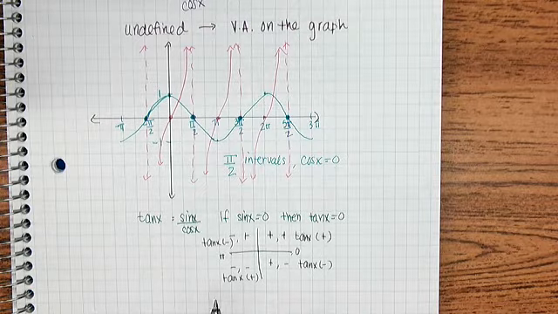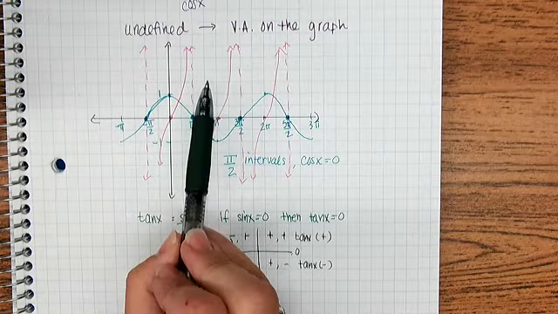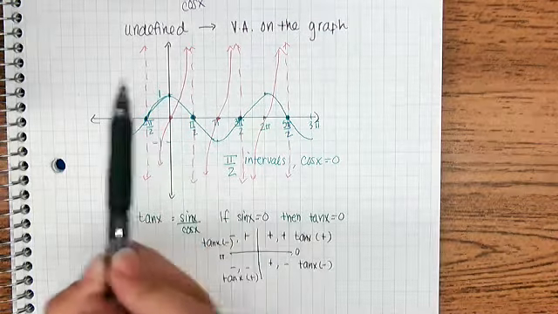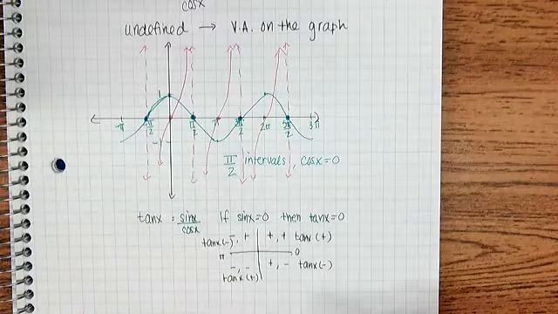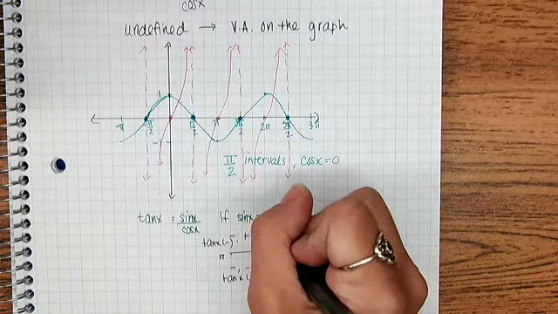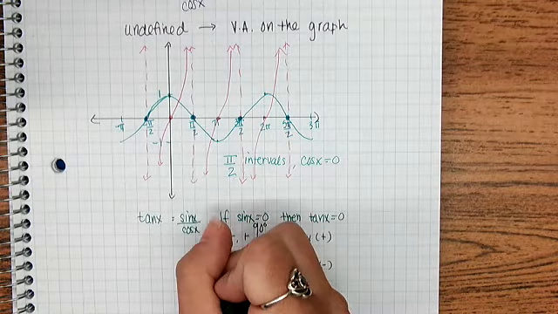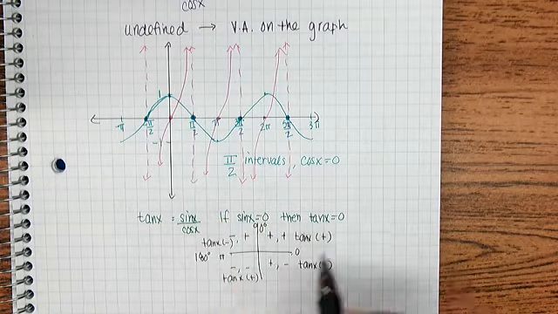Now, here's something you really need to wrap your head around. On the unit circle, I'm looking at the first quadrant and the second quadrant. I'm not looking at the first quadrant on the tangent graph. What I am looking at is from 0 to 90, or pi over 2, and from 90 to 180, or pi.